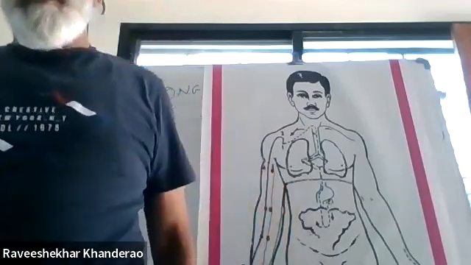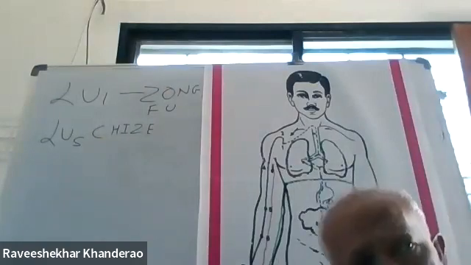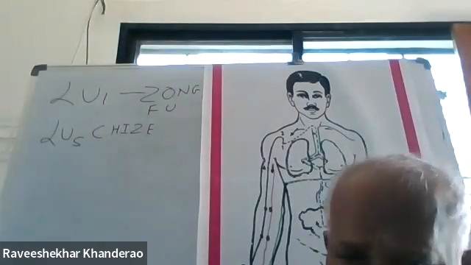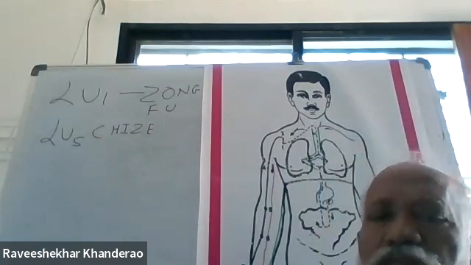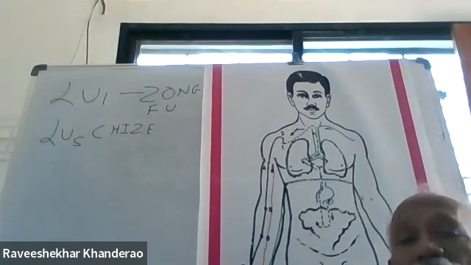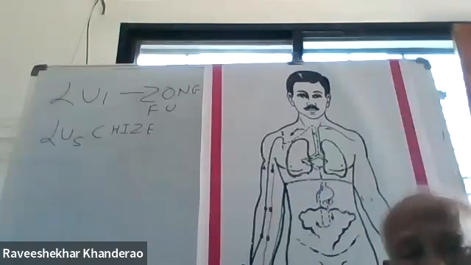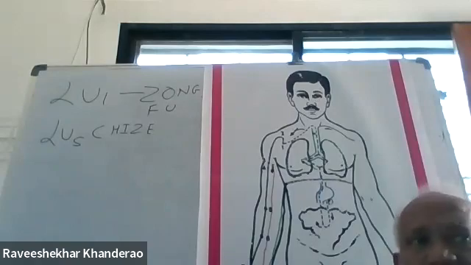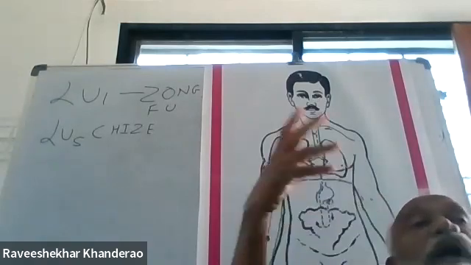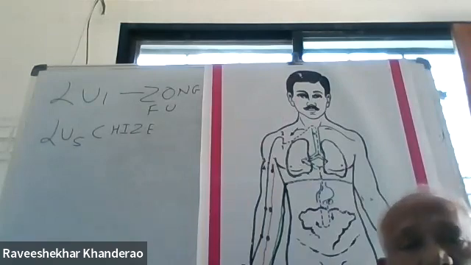Then acute vomiting, diarrhea, sore throat, hemoptysis. What is hemoptysis? Hemoptysis is coughing of blood.